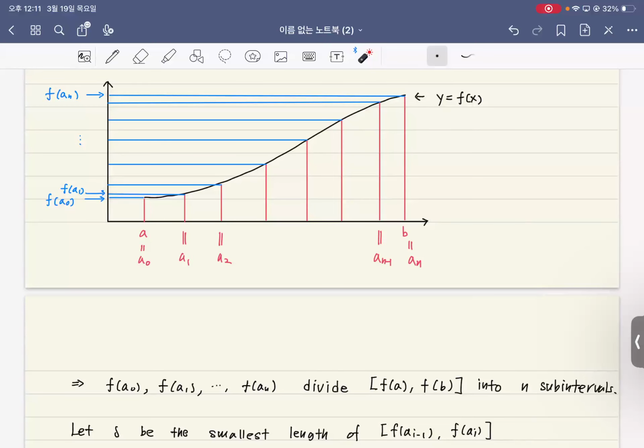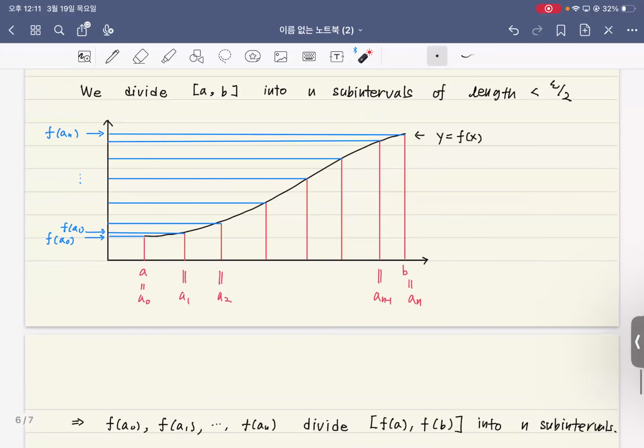So in this case, we can consider two possibilities for the choice of y1 and y2. Either case number one: y1 and y2 are in the same subinterval, or case number two: y1 and y2 belong to two adjacent subintervals, because y1 and y2 are separated by at most delta.